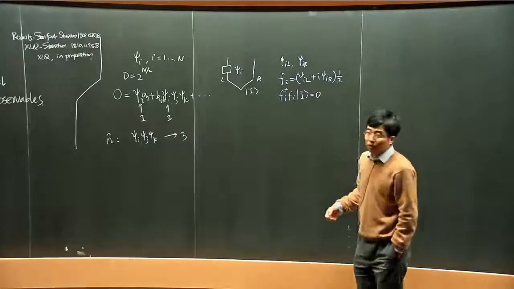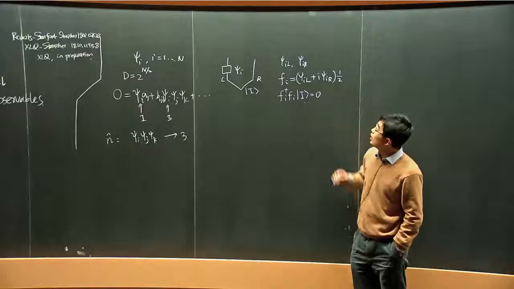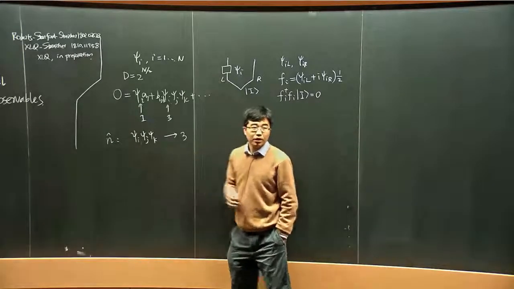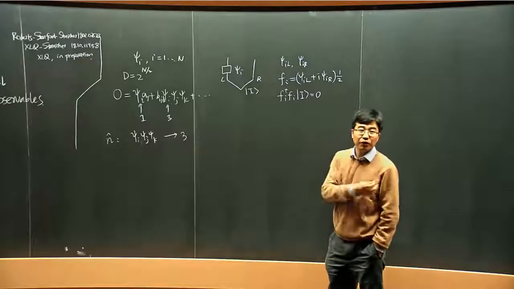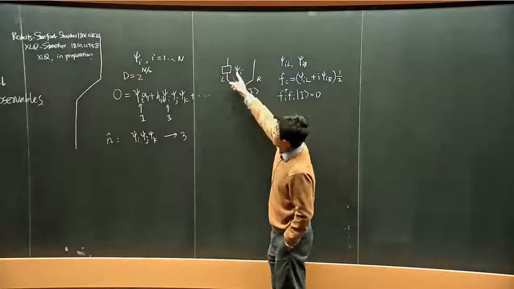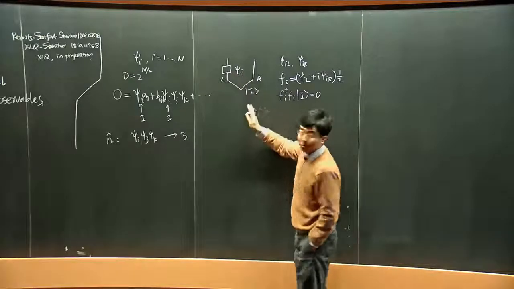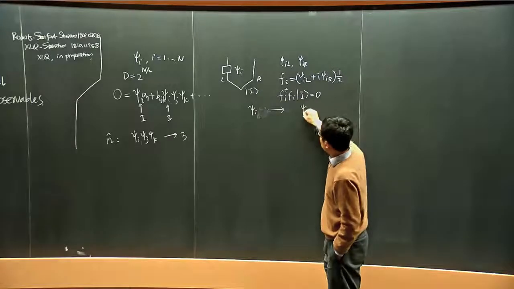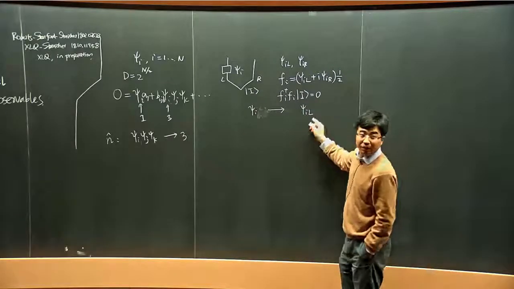Once you make that definition, the number operator has a very simple form. The mapping I defined, which maps operator to state, maps each operator to a state by acting with this operator to the left.